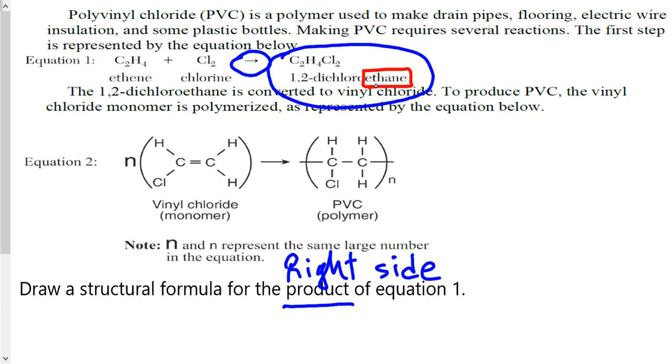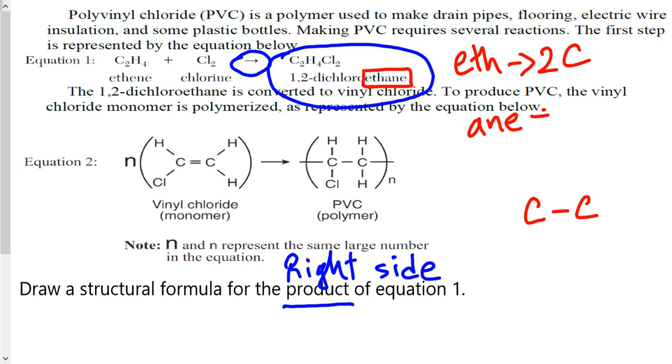Eth represents 2 carbons. Ane represents single bond. Again, eth means you have 2 carbons, and ane means all of them are saturated single bonds.